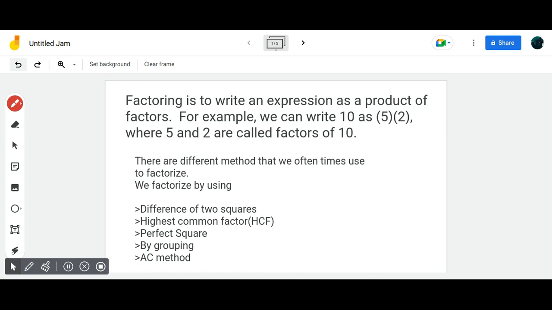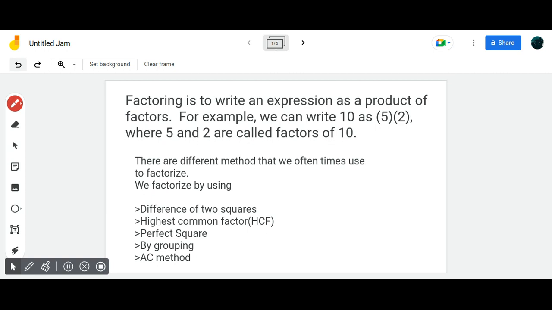Now, in terms of factorizing, it is basically expressing a number or an expression as a product of factors. So instead of writing down that number or that expression, you would write it in a form which is expressed in terms of its factors.